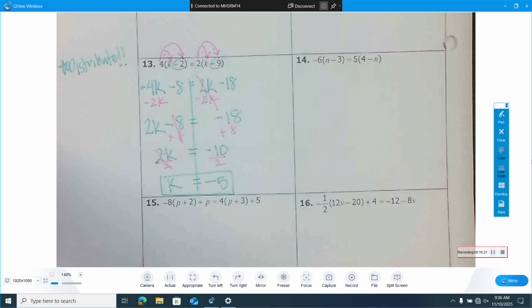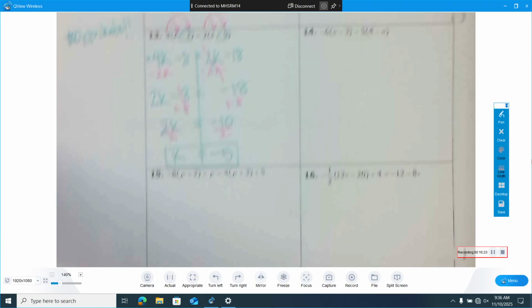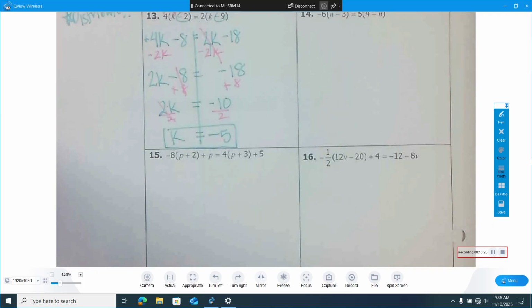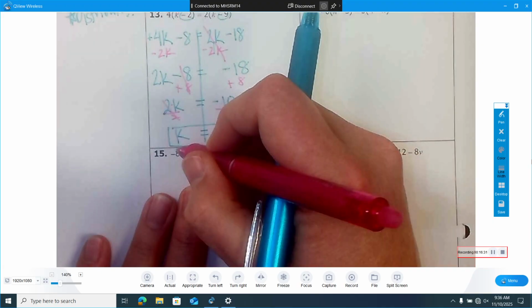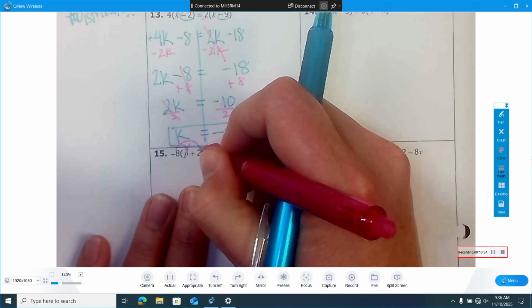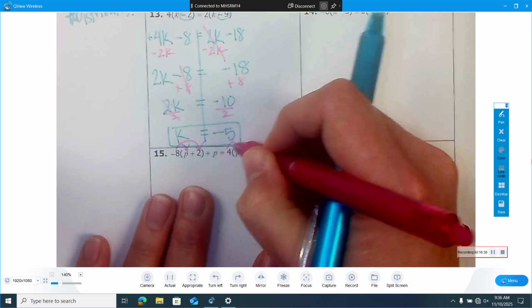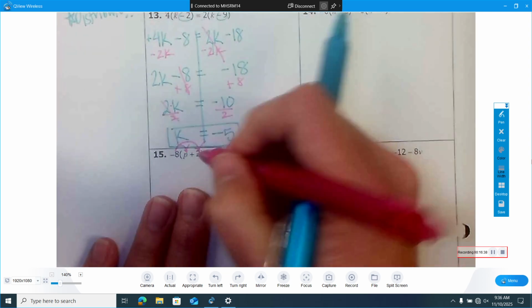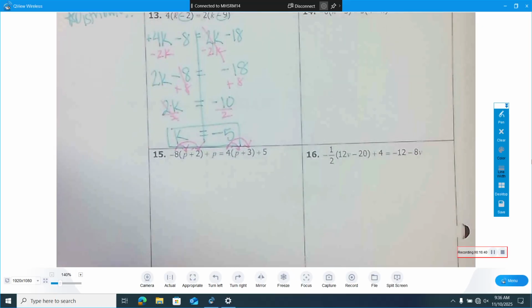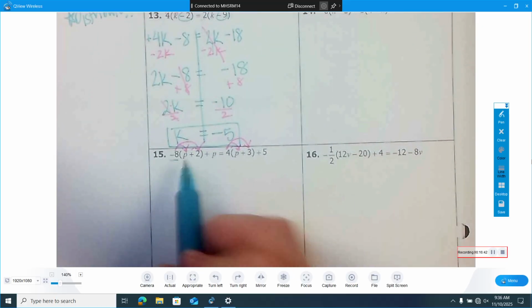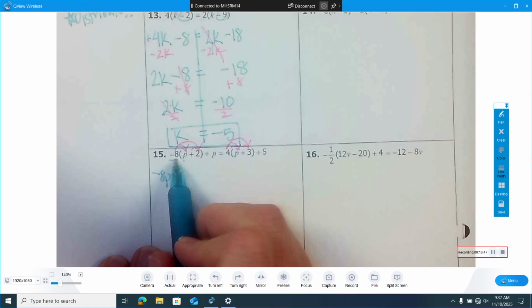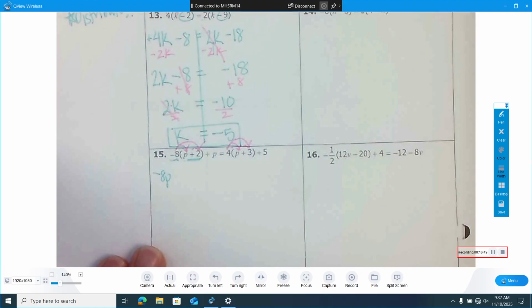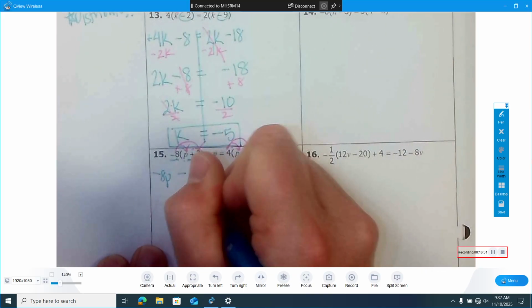All right, you doing okay? Okay, last one here, number 15. Number 15, what do we have to do first? Again, we have to distribute a couple of times. We have to distribute on both sides here. Distribute really means multiply it in. Let's see, so negative 8 times P, negative 8P, negative 8 times positive 2, negative 16.